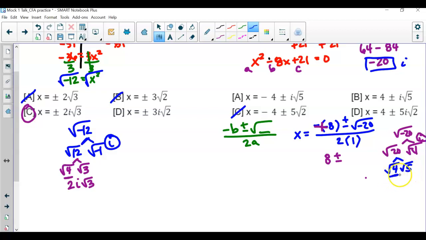Because what is the square root of 4? 2. So 2i radical 5. We have 8 plus or minus 2i radical 5 over 2. But now notice we can divide both values here by 2. So 8 divided by 2 is 4, plus or minus 2 divided by 2 is 1, so that's just i radical 5. So that's why here the answer is B.